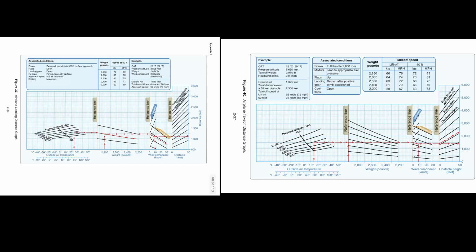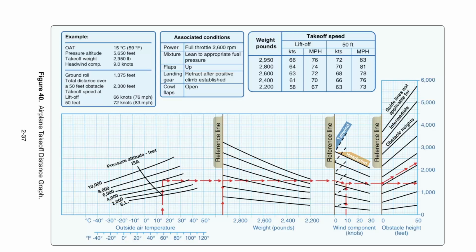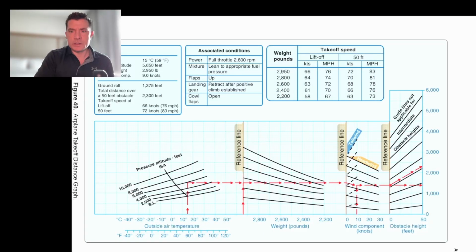So we are going to look at the takeoff distance graph. Let's see, I'm just going to pull up the iPad here, that way I can draw on it and show you.